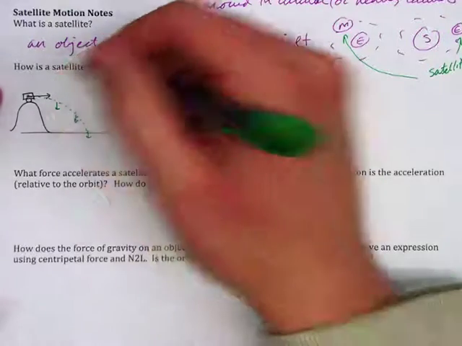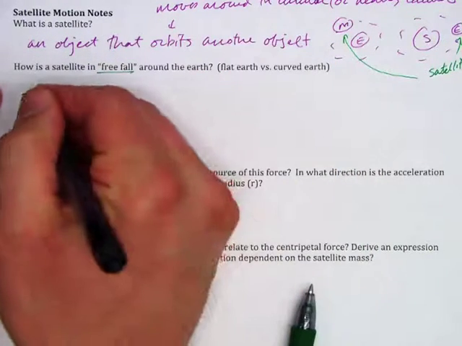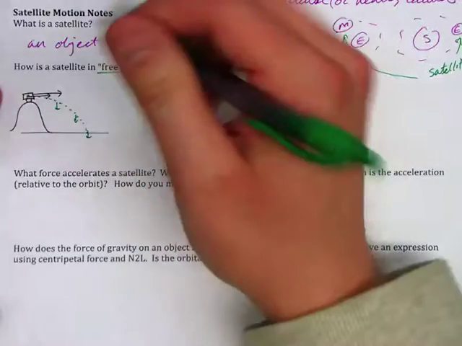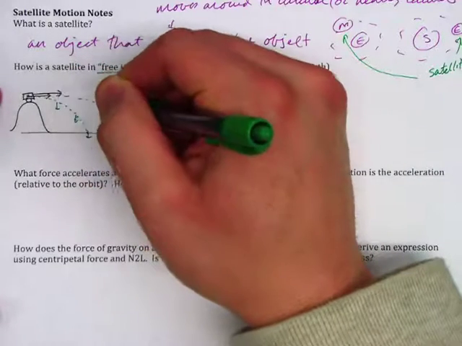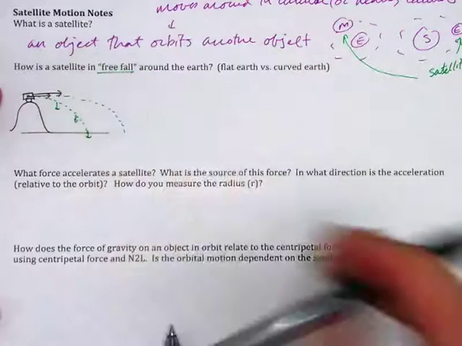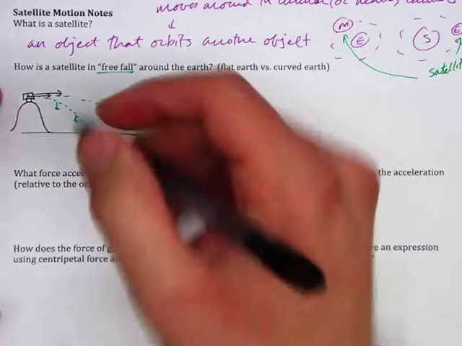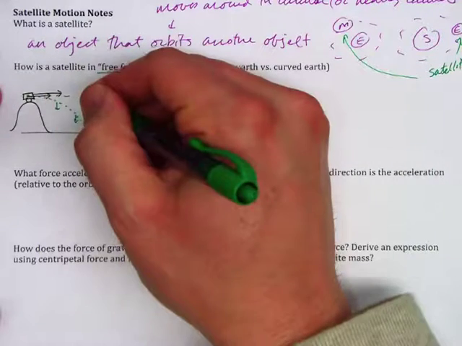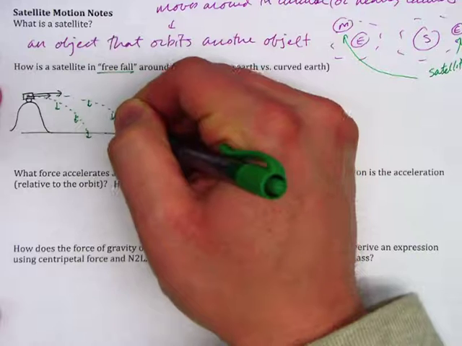Now, if I increase that initial velocity, I'm going to increase the horizontal distance the cannonball travels, but eventually, because it's under the influence of gravity, it's going to be pulled down towards the ground.